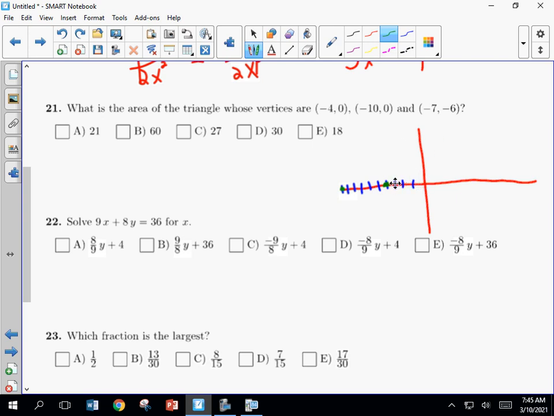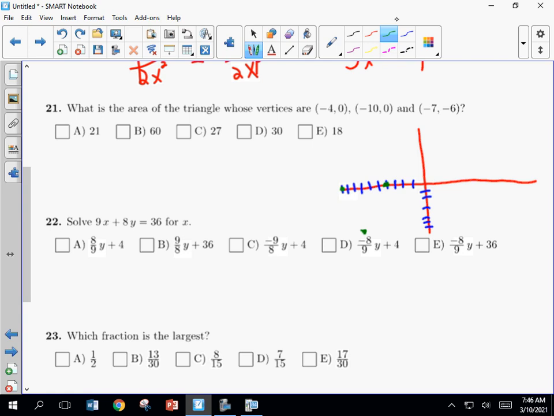So 1, 2, 3, 4, 5, 6, 7. And then down, oops, I should have counted this already. So we'll go 1, 2, 3, 4, 5, 6. So we're going to go negative 4, 5, 6, 7, and then down here to the bottom, negative 6.